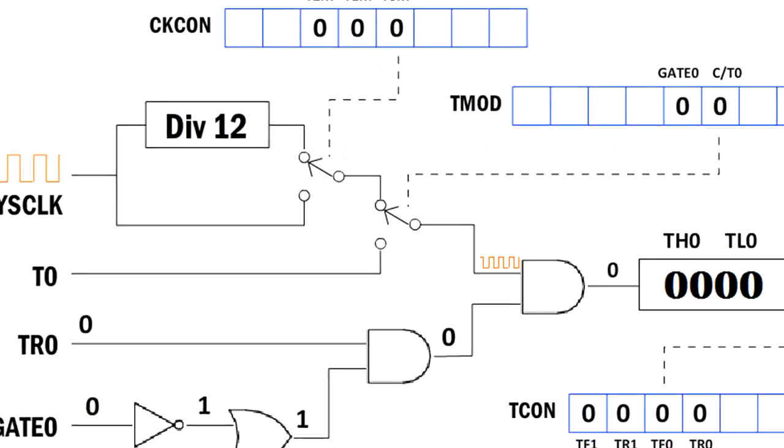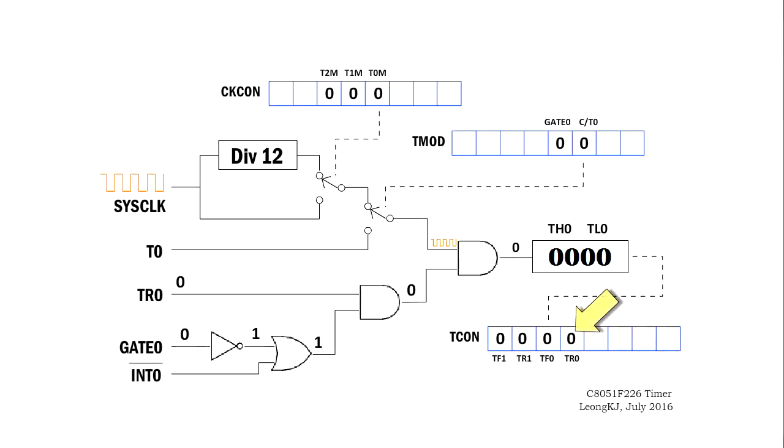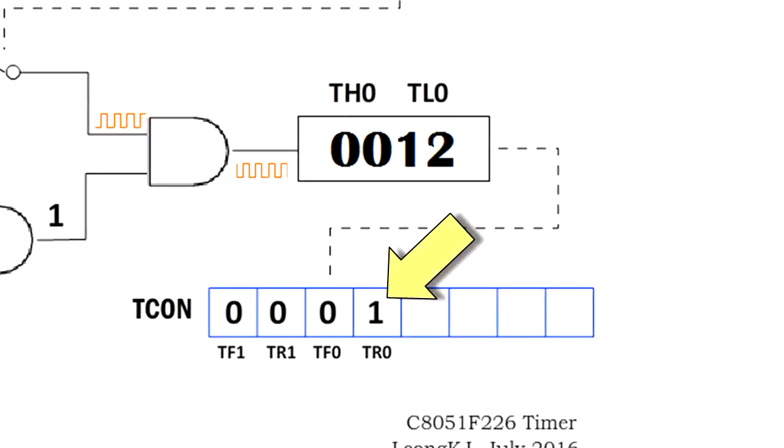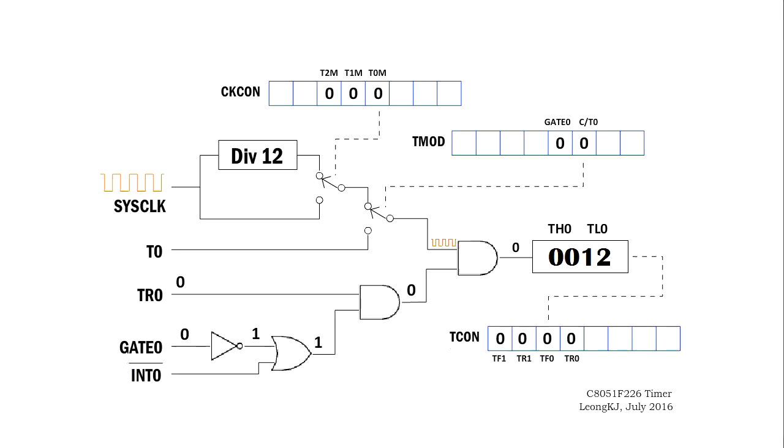The timer 0 run control bit activates the running of the 16-bit counter in the timer. The timer can be stopped by putting this bit to 0. The counter value can be set, for example, to all 0. Let's set it to FFF0.